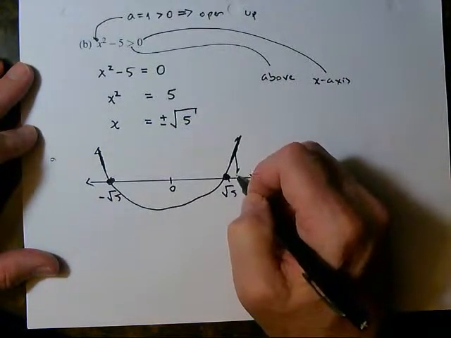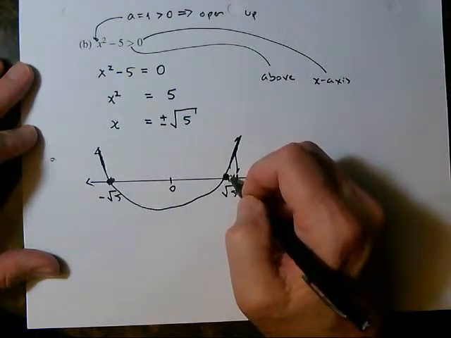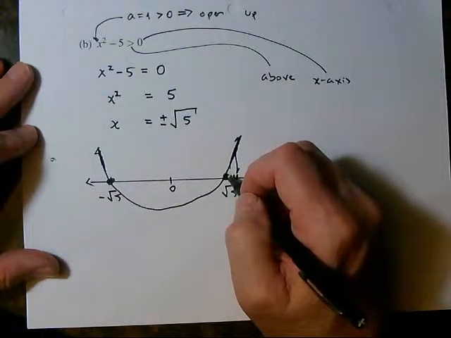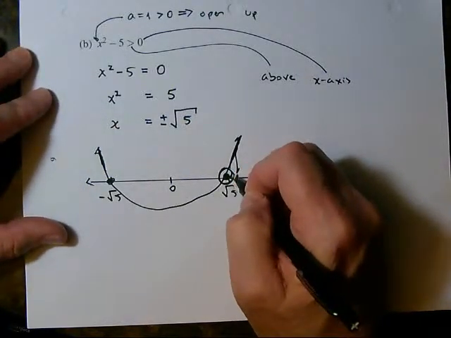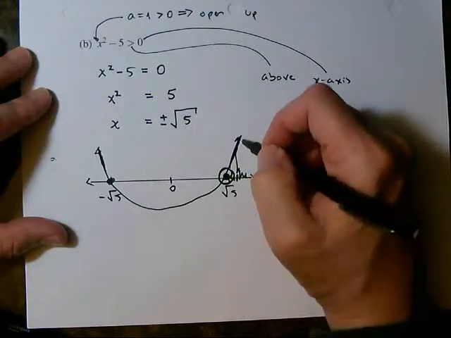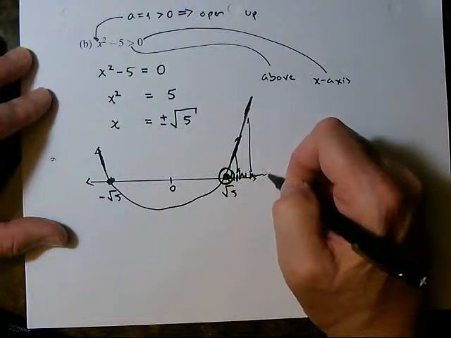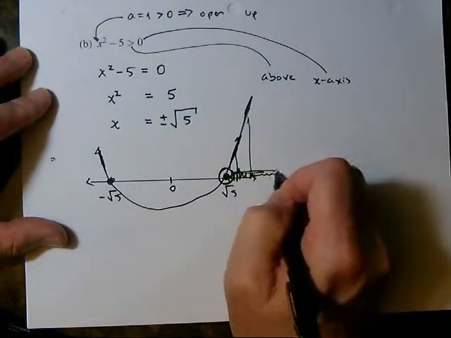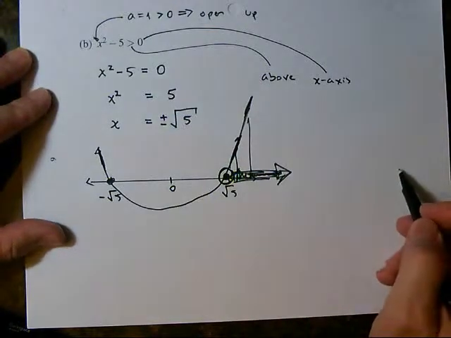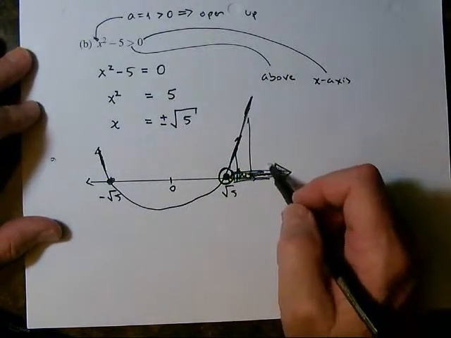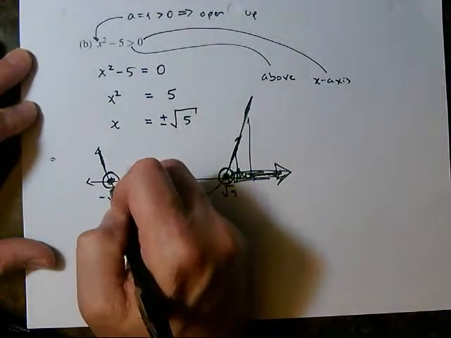In other words, from here vertically down, we want that x and that x and that x all the way down. We do not want to include the big dots there because we want to be strictly above, so we need to put a circle there. Anything here we're above, so these corresponding x's all the way to positive infinity will make the graph be above the x-axis.